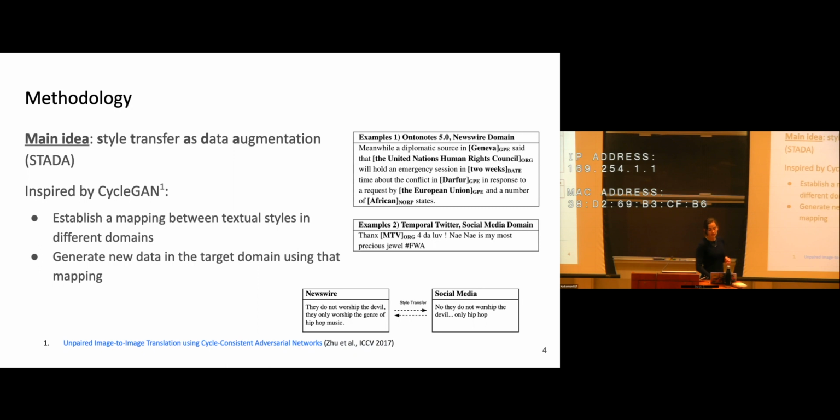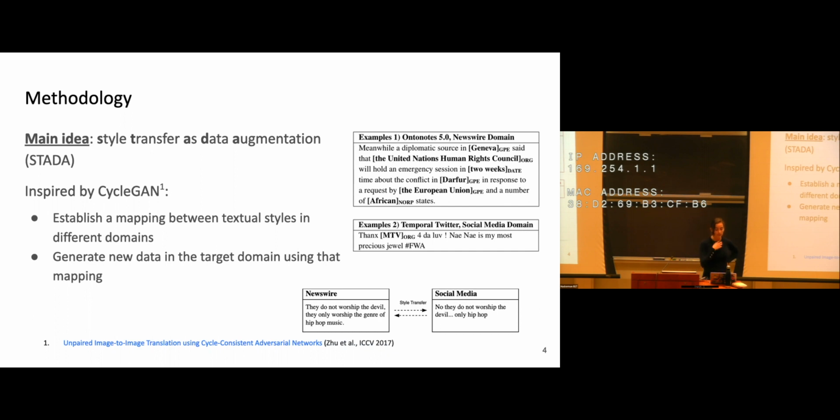You can see here some examples where example one is from OntoNotes, which is newswire data. It's well formatted, with long sentences, nice grammar, and punctuation. And we care about doing named entity recognition in social media data. Here you have shorter data, more fluid grammar, and a huge vocabulary, because now we're talking about social media that represents a lot of the worldwide population.